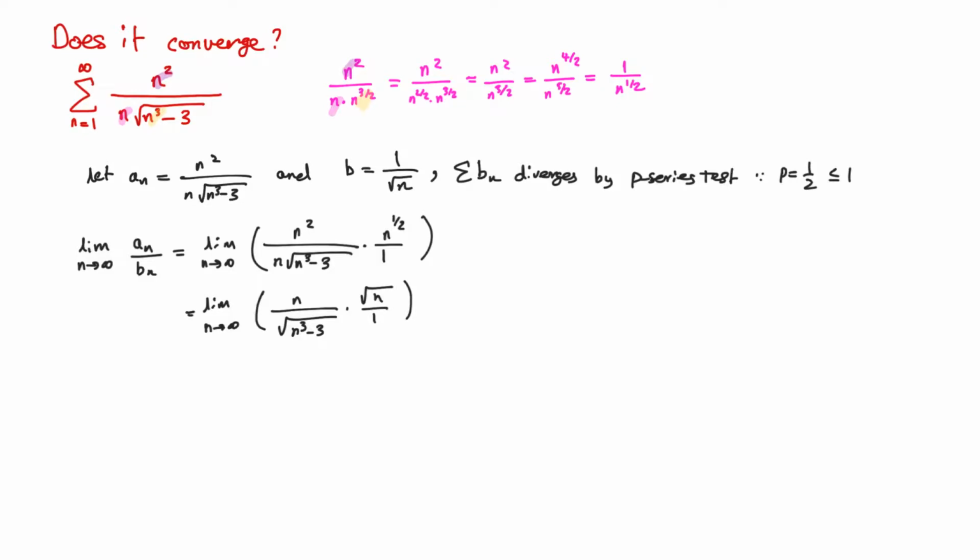To make this a little bit easier to understand for you, I'm going to rewrite this n as the square root of n squared, and I will write the limit as n approaches infinity of the square root of n cubed. The n cubed is coming from me multiplying the square root of n squared times the square root of n, and I'm going to divide that by the square root of n cubed minus 3.